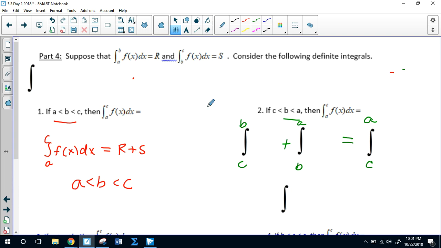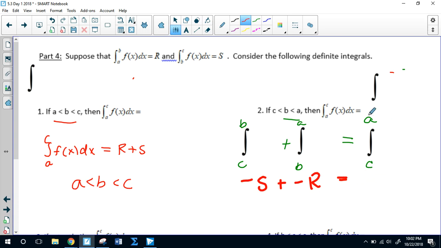So let's actually do each piece separately. Let me move this out of the way. So the integral from C to B is the same as the integral from, this would be the opposite. So this first part would be equal to negative s. And then from B to A is the opposite of from A to B, so it would be negative r. And this is equal to the opposite of what I have when I add them together.